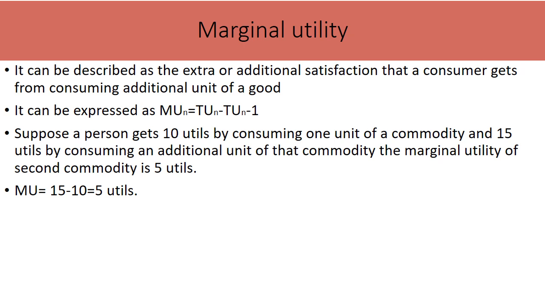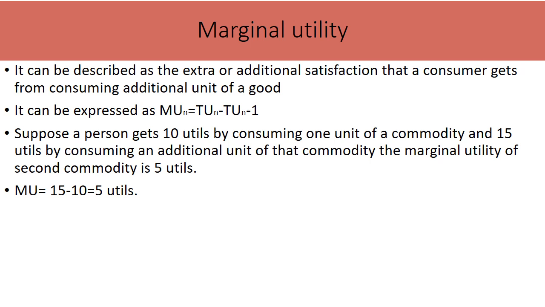It can be expressed as marginal utility of n is equal to total utility of n minus total utility of n minus 1. Let's take an example. Suppose a person gets 10 utils by consuming 1 unit of a commodity and 15 utils by consuming an additional unit of that commodity. The marginal utility of the second unit is 5 utils.